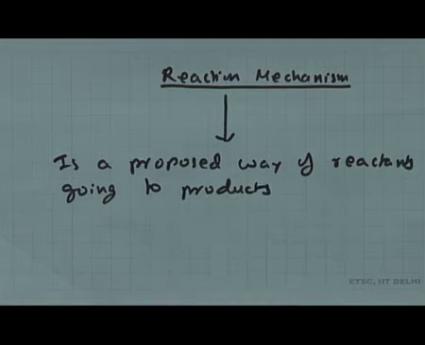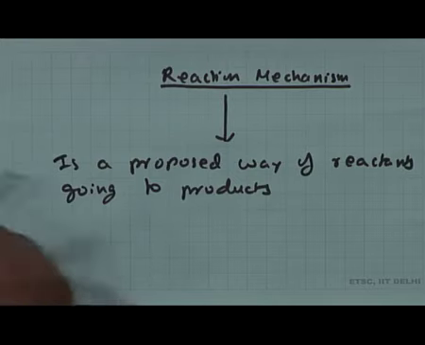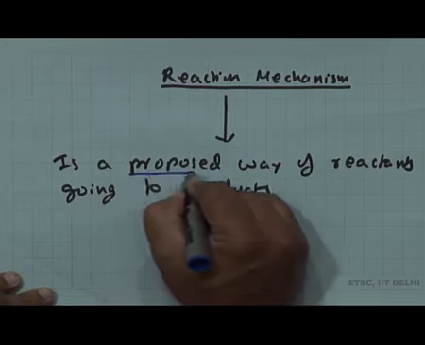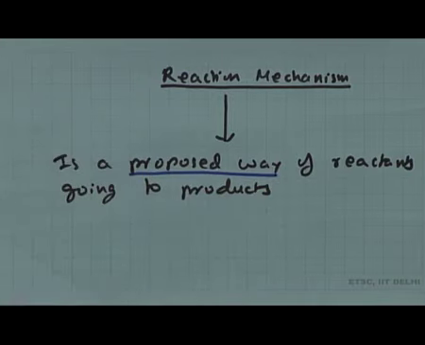So, it is a proposed way of reactants going to products. That means you are proposing either a single step or multiple steps based on something. So, what is something? Something is the experiments you perform.